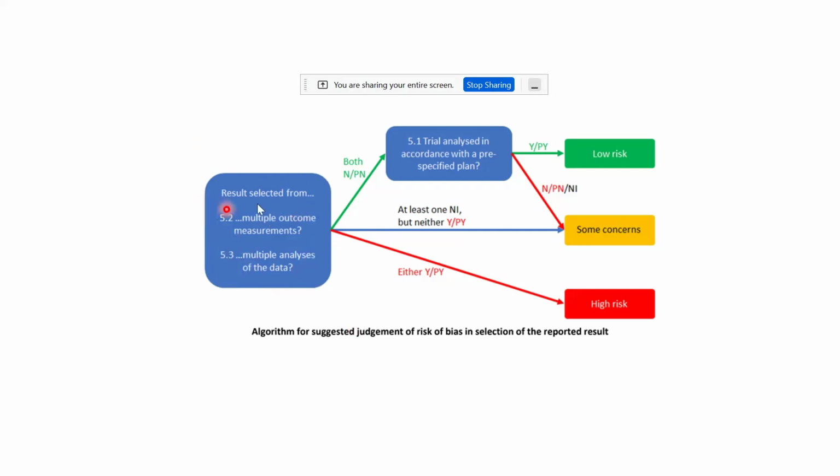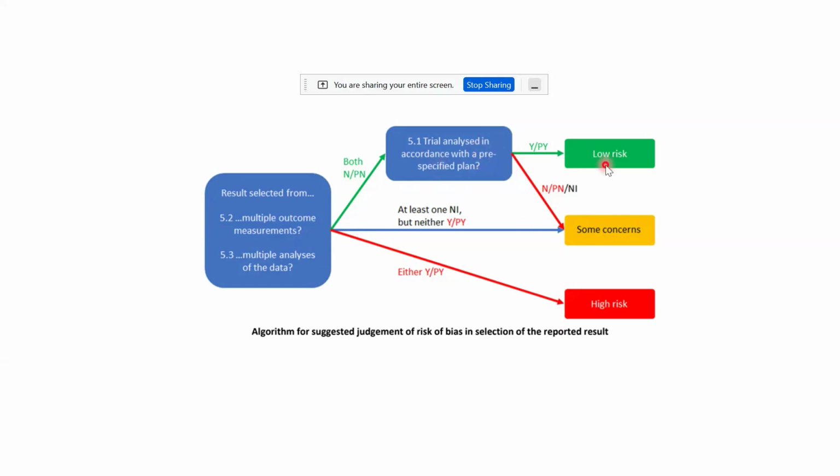So coming to the algorithm, first of all, the question is, has the result been selected from multiple outcome measurements? Has the result been selected from multiple analyses of the data? If either of these questions is yes or probably yes, immediately it becomes high risk. If both of those questions are no, then we go to 5.1, which is, has it been analyzed as it had been mentioned in the protocol?